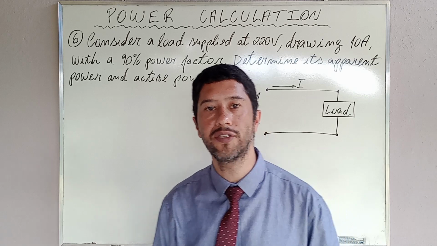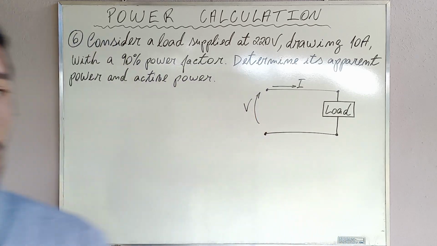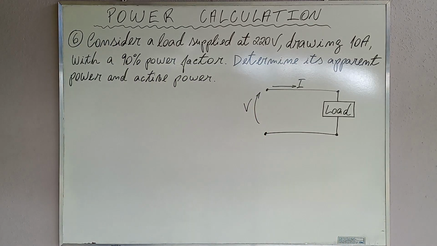Exercise number 6. Consider a load supplied at 220 volts, drawing 10 amps with a 90% power factor. Determine its apparent power and active power. This is the question. Let's go to the solution. Observe that the apparent power is the magnitude of the complex power.